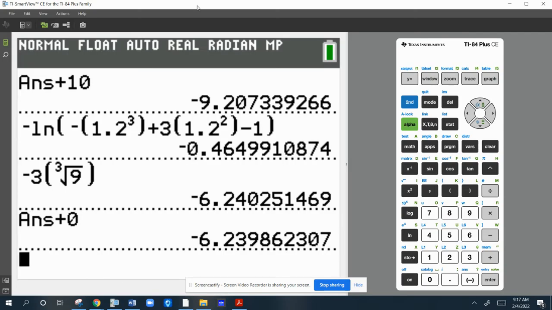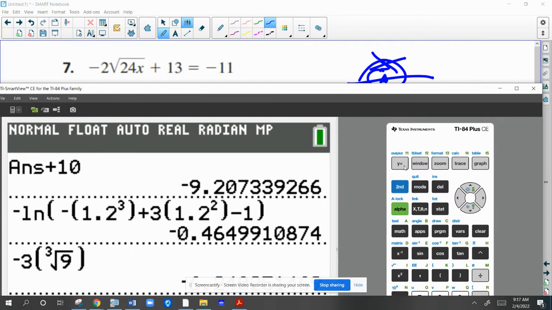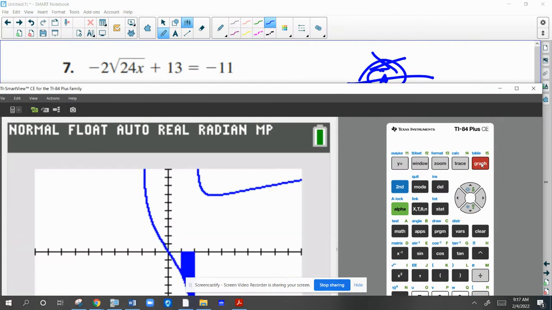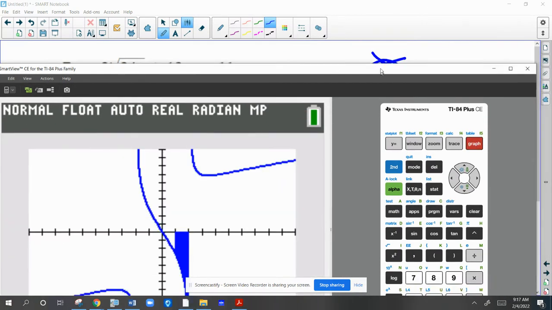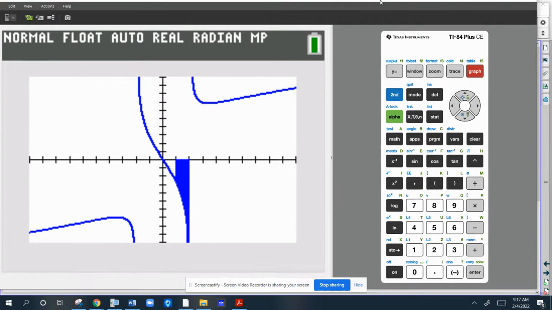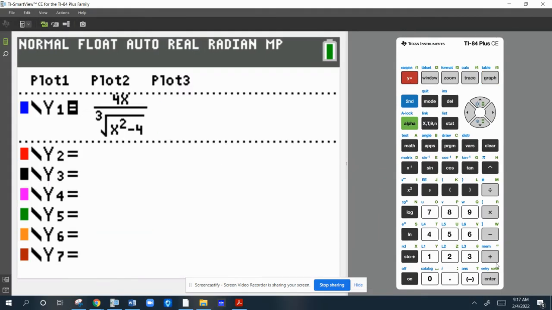So I'm going to type in the equation: -2 times the square root of 24x.